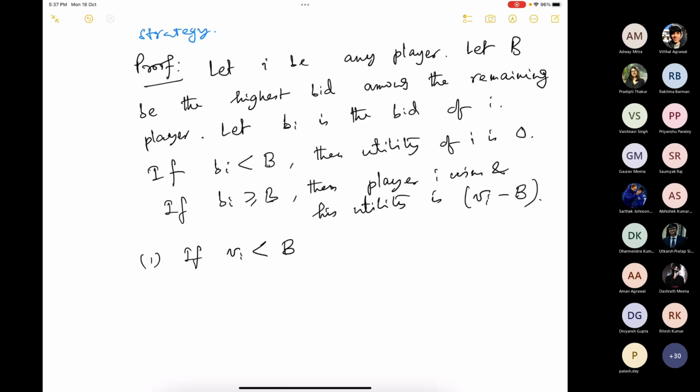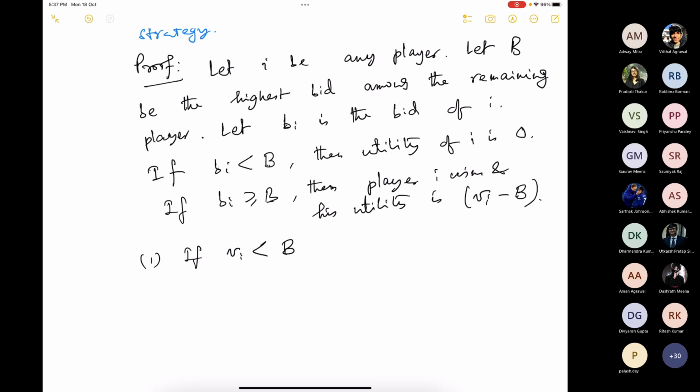They are not changing their bids. Now, if Vi is strictly less than B, that means player i's valuation is strictly less than the highest bid among other players. Then in that scenario, is it a good strategy for player i to bid higher and win?